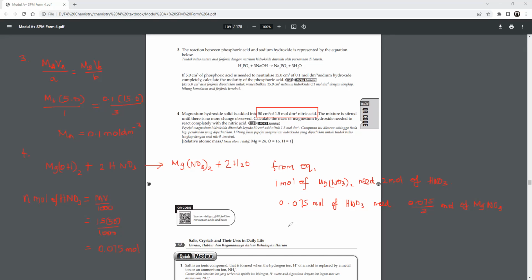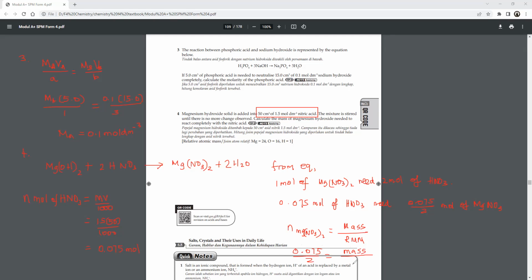So number of mole of MgOH2 is equal to mass over molar mass, RMM, relative molecular mass. Number of mole is 0.075 divided by 2, equal to the mass. Mass I don't know.